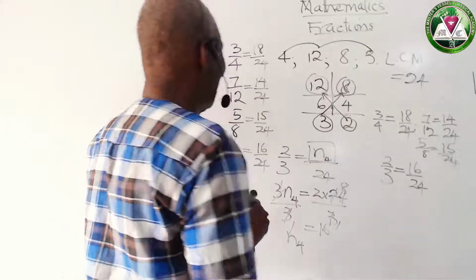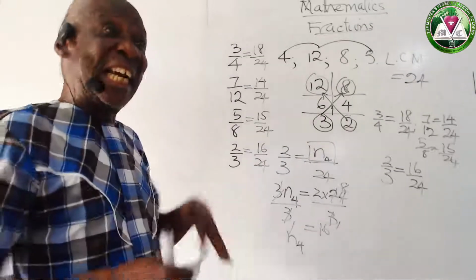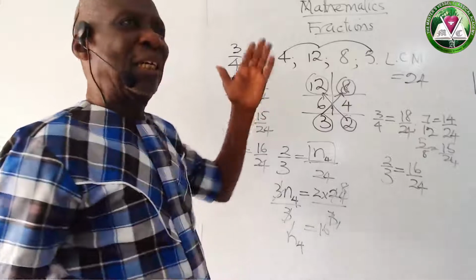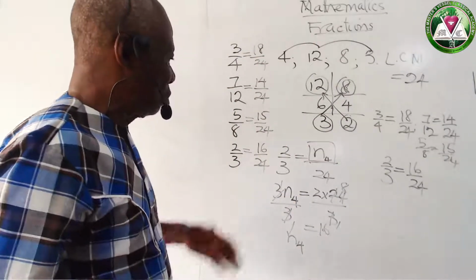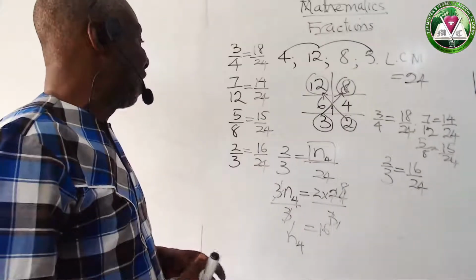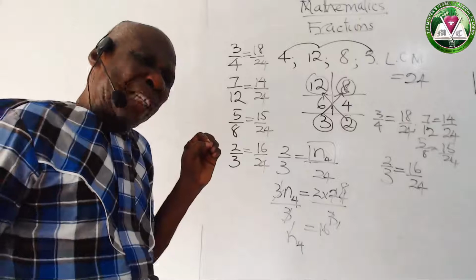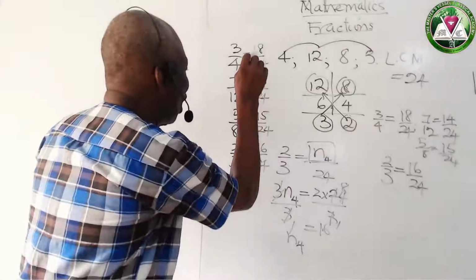We can then write these original fractions in any order we want. Is it increasing order of magnitude or decreasing order of magnitude? If we want it in ascending order, it means we shall start from the smallest to the biggest. So we look at the numbers on top.